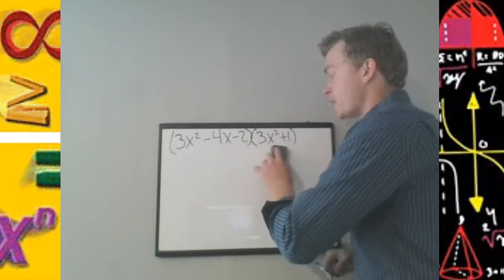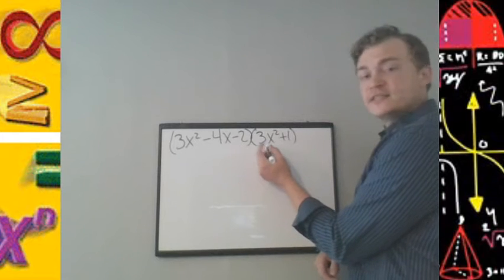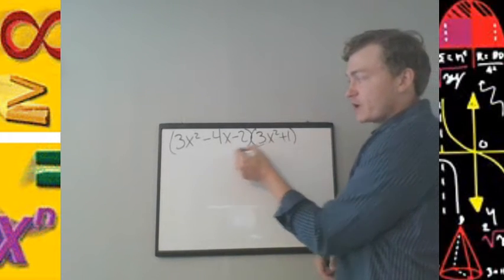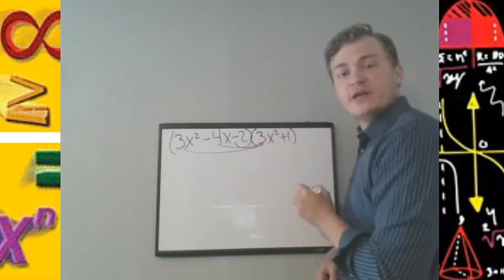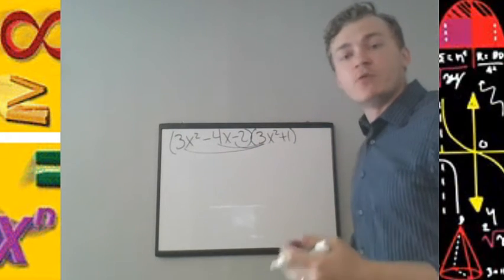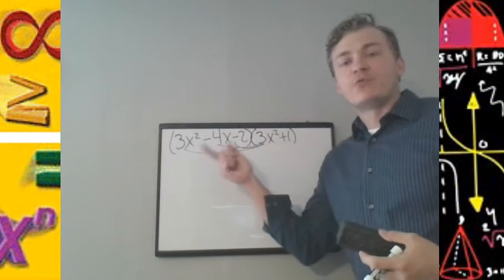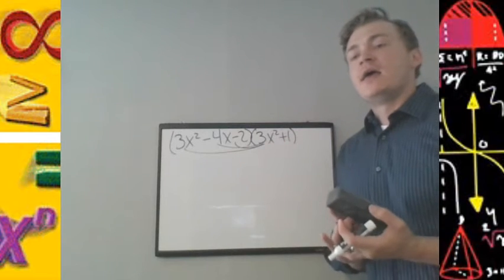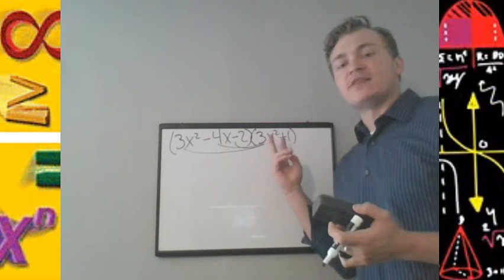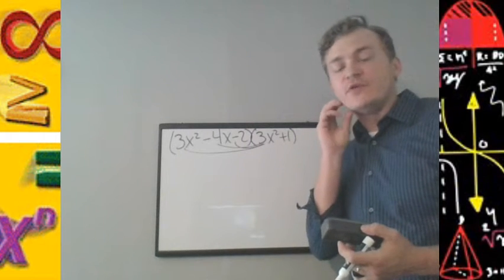Likewise, though, you also have the right distributive property. You can start here and say, I'm going to distribute this 3x squared here, this 3x squared here, this 3x squared here. The right distributive property works. Me personally, it doesn't bother me which polynomial is on which side. Some books teach you to take the smaller polynomial factor and move it to the front and view it that way.